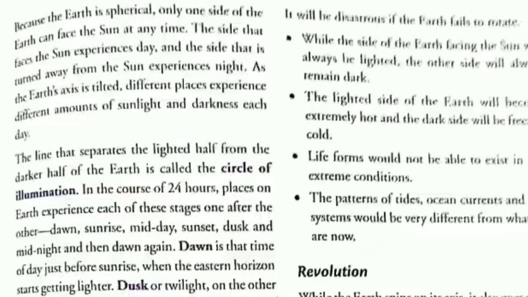It is because of the tilted axis of the earth that different places experience different amounts of sunlight and darkness each day. At some time during the solar day it is sunlight, and at other times it is darkness.